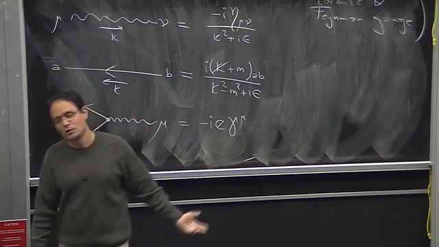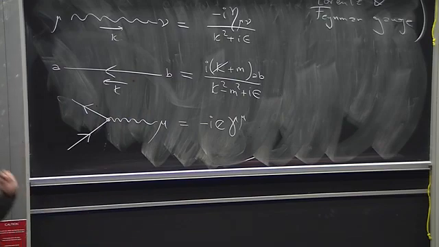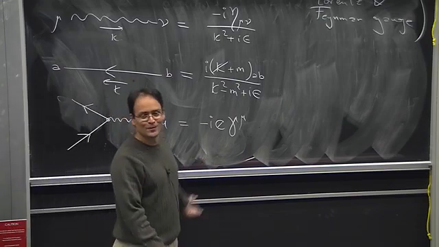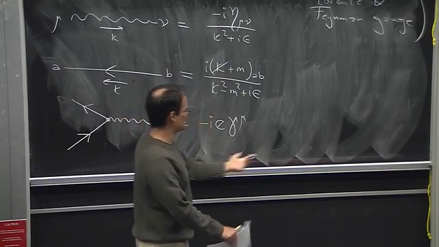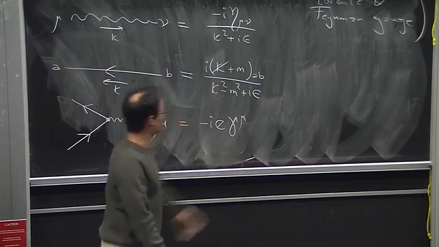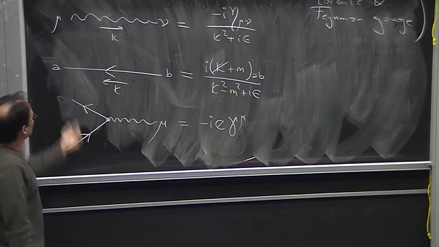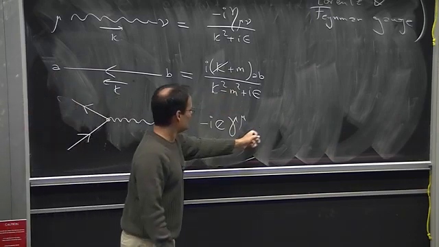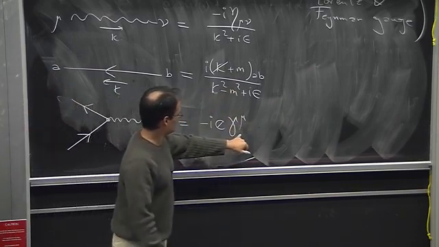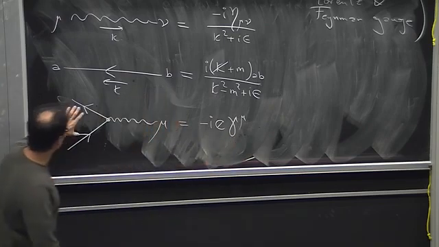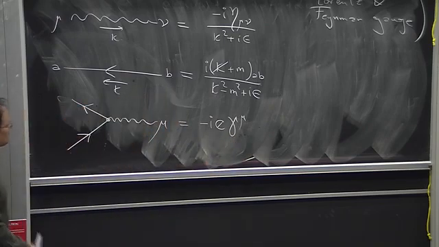But I'm not going to write it, because nobody does. I'm not going to be the first one to teach the whole thing with all the indices. But keep in mind, there are supposed to be two indices here corresponding to the two choices that you have here. Okay?